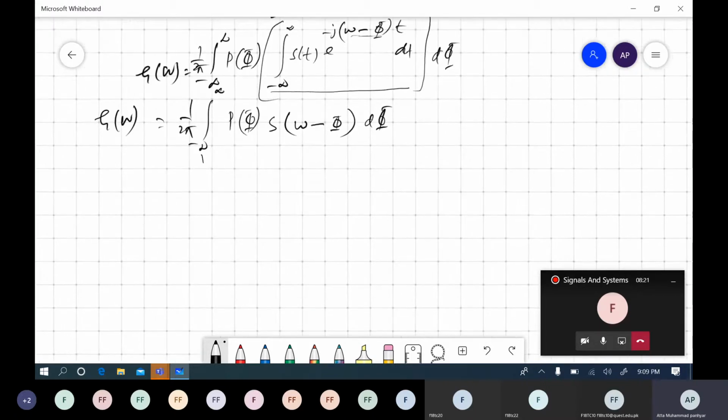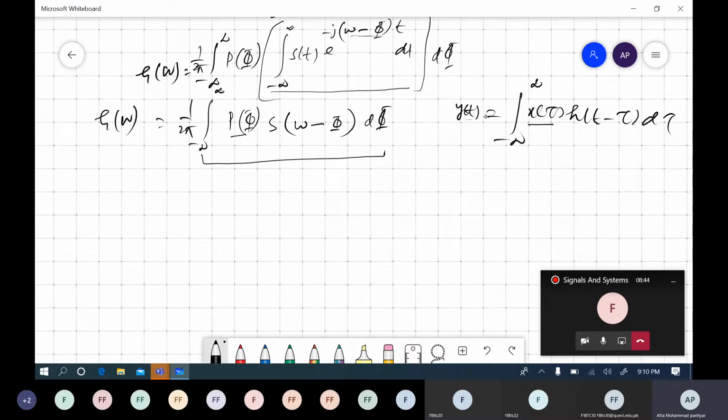Now if you see this equation, it is similar to the integral from minus infinity to infinity of x of tau h of t minus tau d tau, right? You can see that instead of tau here is phi, and instead of t we have omega. If you remember, this is the output response y of t, which we write as y of t equal to x of t convolution with h of t.